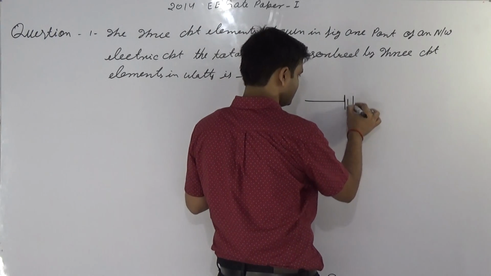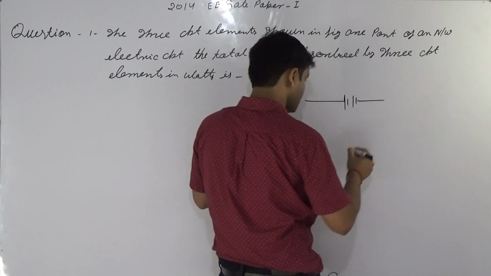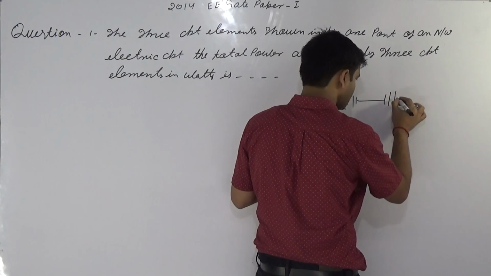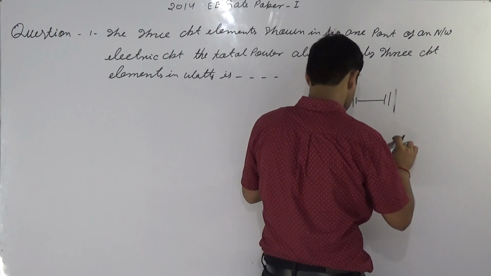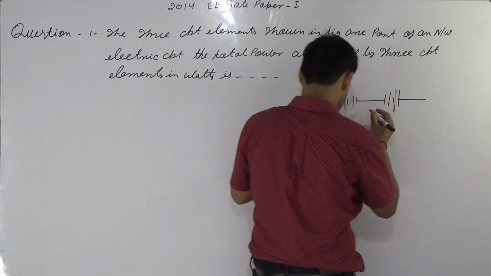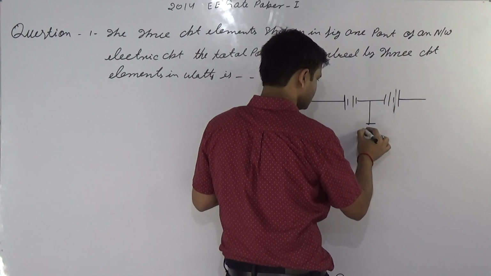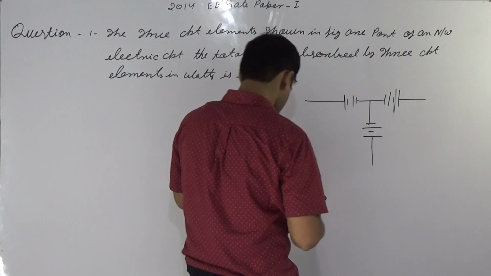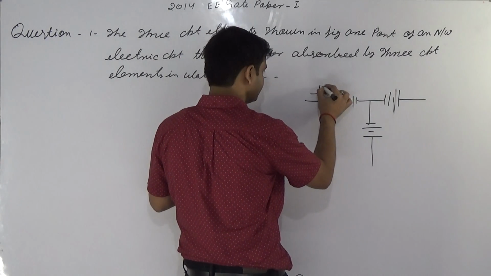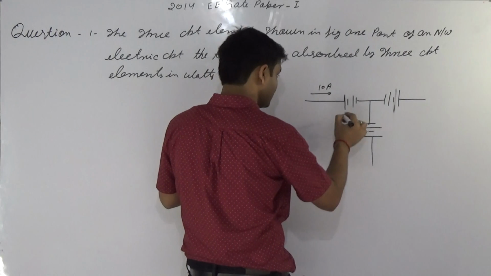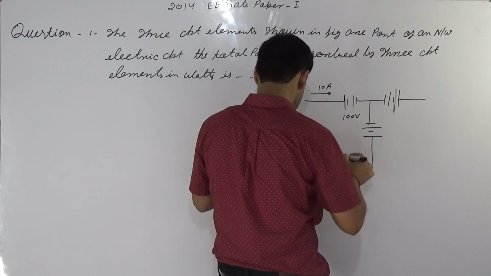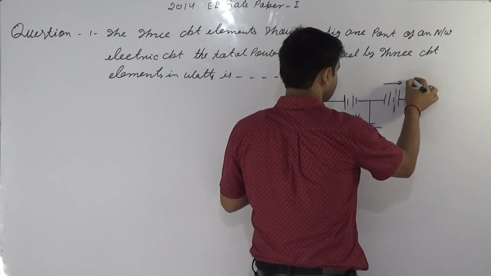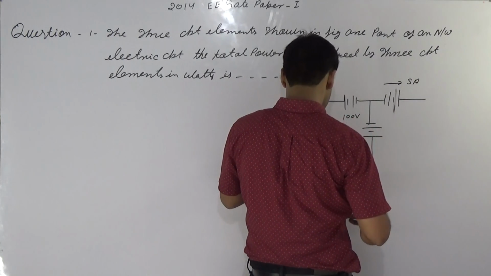Circuit looks like this one. This is 10 ampere. Voltage across this one is 100 volt. This is 5 ampere.